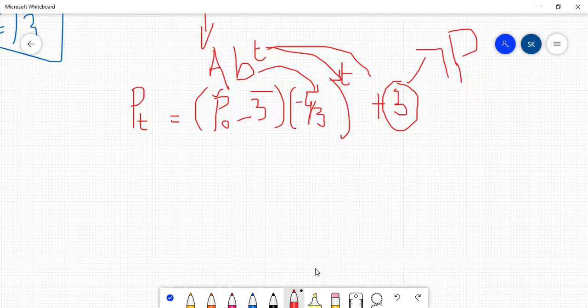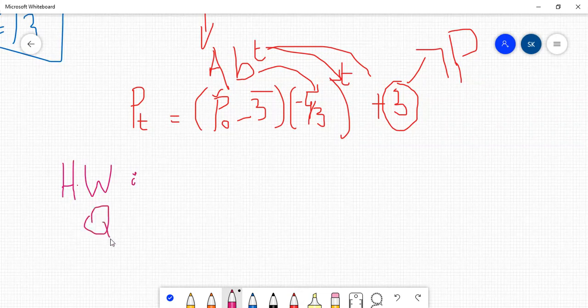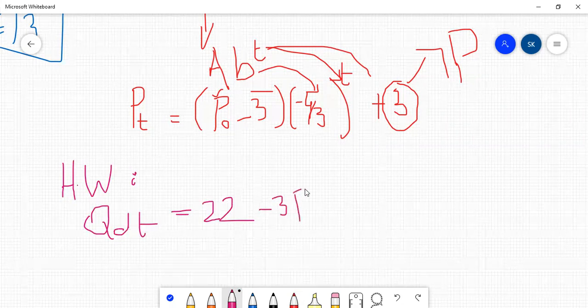The homework question is Q_dt is equal to 22 minus 3 p_t. And anyone else who is finding my videos helpful can also solve this question in order to get the best idea of how much they have understood the topic. 22 minus 3 p_t, okay?